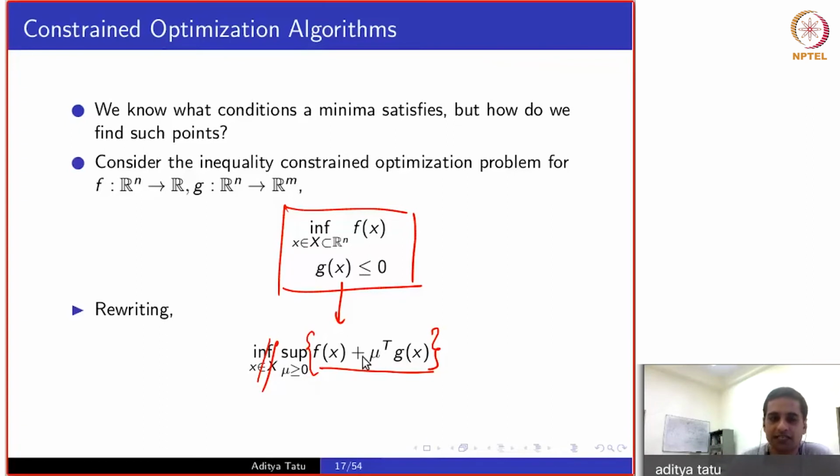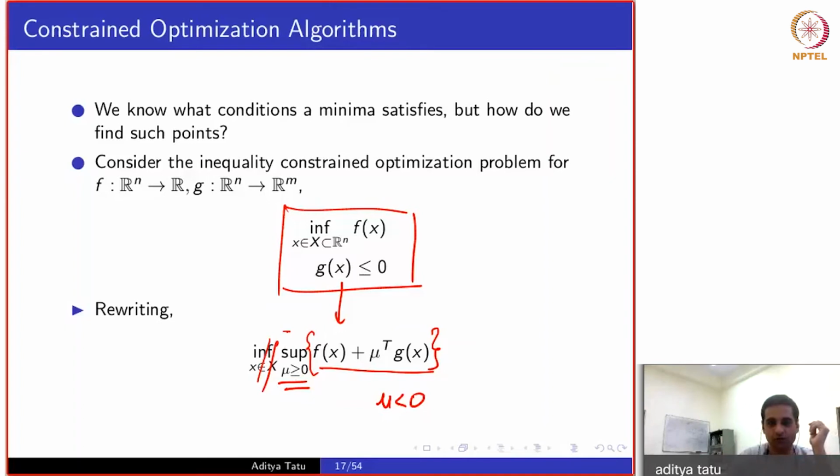First of all, why do you think mu has to be non-negative? What happens if mu is negative? Let's first clear that question out. And this is again another way of explaining why inequality constraints have non-negative Lagrange multipliers. What happens if mu is negative? What would be the supremum? Forget minima.